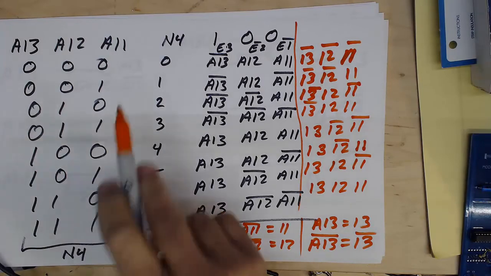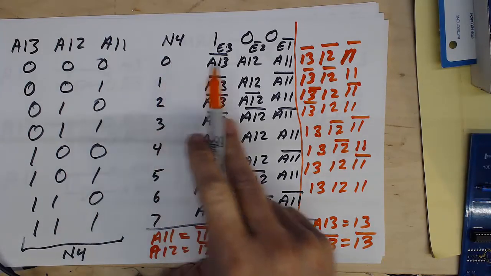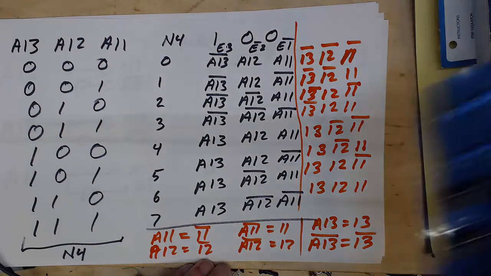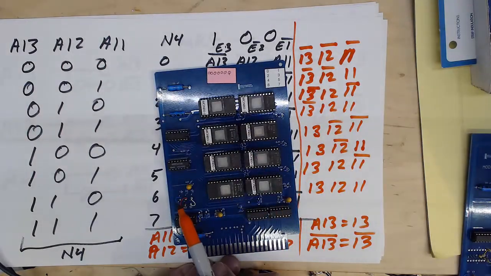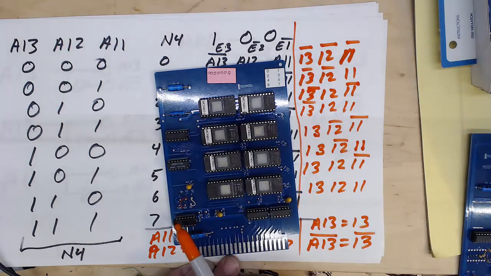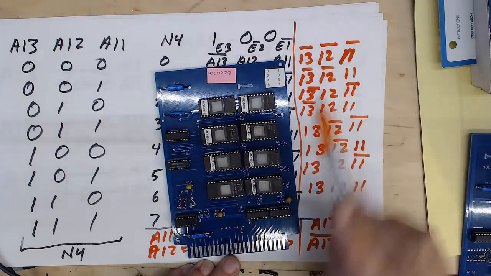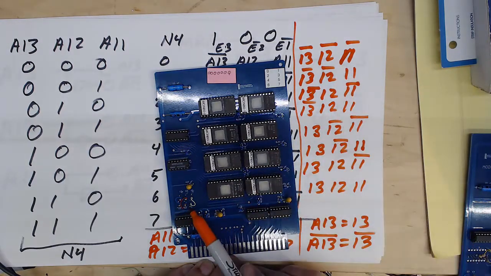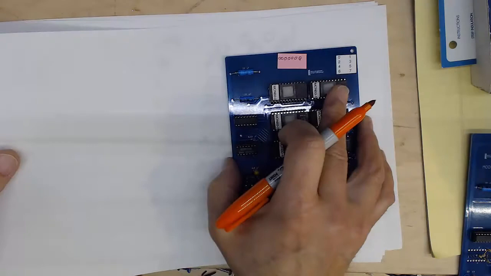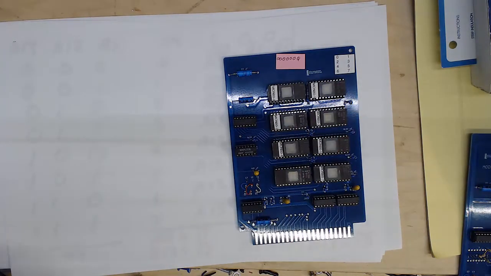All right, so if we want N4 equals 0, then we will pick on our jumpers for our three choices. This is E3, E2, E1. We will pick 13 bar, which is down there, 12 bar, which is down there, and 11 bar, which is down there. So here's the final answer. Let me go back to my black pen.